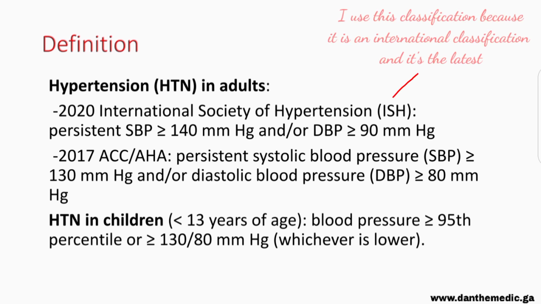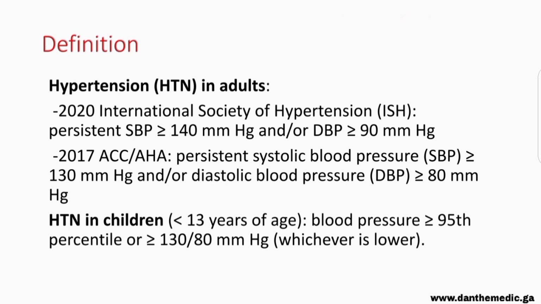On the one hand, you have the ISH saying that hypertension is considered as systolic blood pressure that is greater than or equal to 140 millimeters of mercury and or diastolic blood pressure that is greater than or equal to 90 millimeters of mercury. While in 2017, the American College of Cardiology and the American Heart Association defined arterial hypertension as persistent systolic blood pressure of greater than or equal to 130 millimeters of mercury and or diastolic blood pressure of greater than or equal to 80 millimeters of mercury.